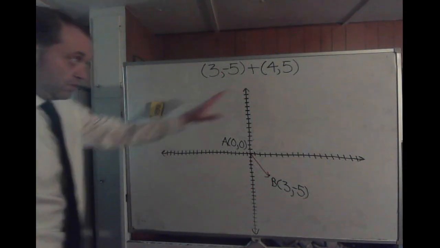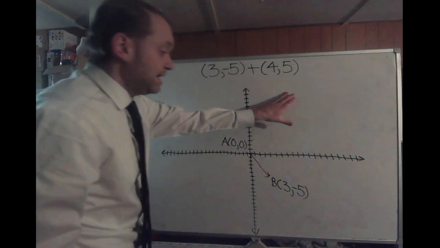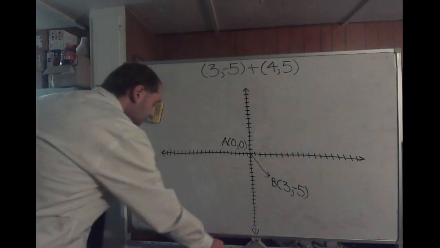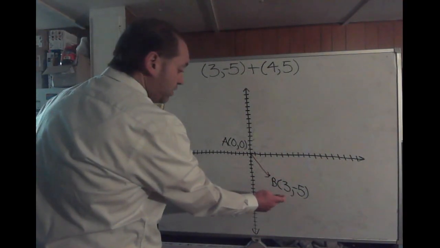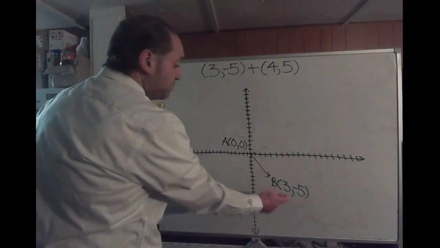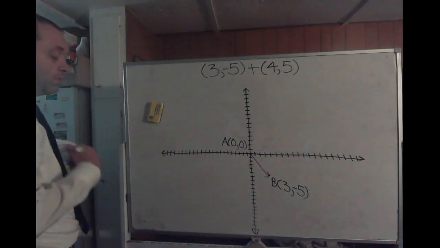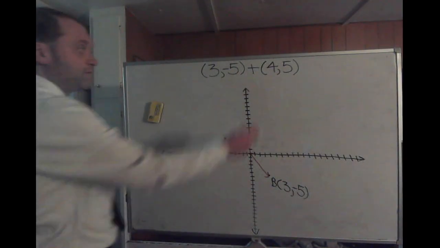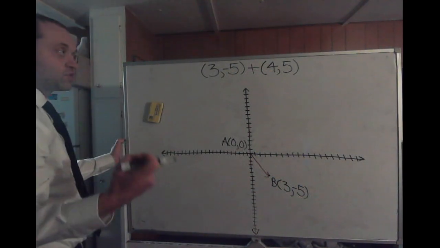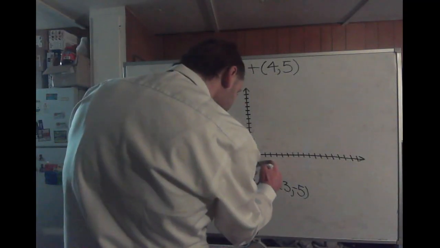Now, this 4, 5 vector tells me from point B to point C. So if I'm going over 4 to the right, but up 5 units, what coordinate is that going to put me at for point C? Well, take your B coordinate of 3, add 4 to your X coordinate, since that's your vector, you would end up all the way at 7.